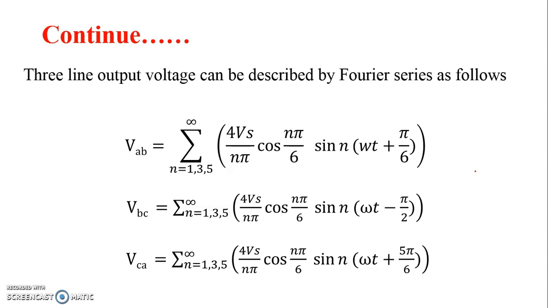VAB equals the summation for n equal to 1, 3, 5 up to infinity of 4 Vs by n pi cos n pi by 6 sin n omega t plus pi by 6. So each phase output voltage is the same, only the angle will differ.